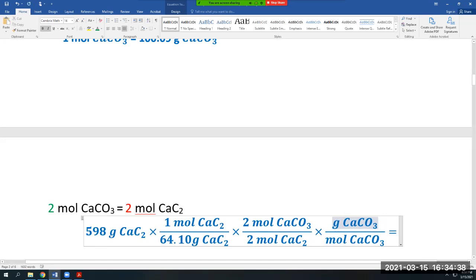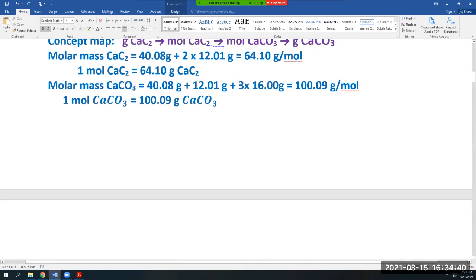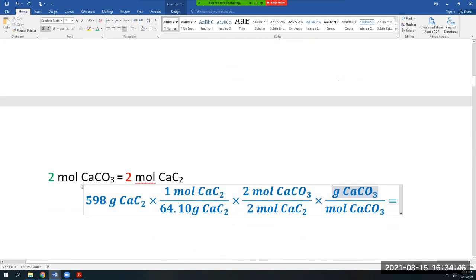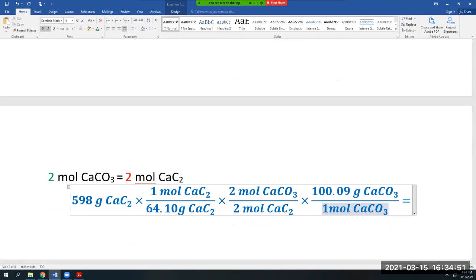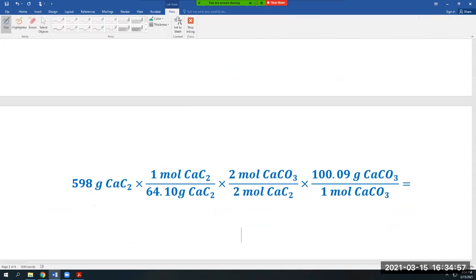So we will use the molar mass of calcium carbonate, and it's given here. 1 mole of calcium carbonate is 100.09 grams. So it's going to be 100.09 grams of calcium carbonate for 1 mole. And so let's show how we cancel units here.